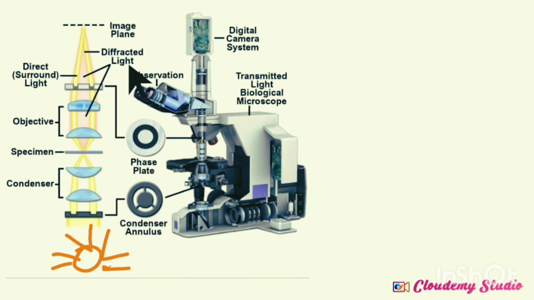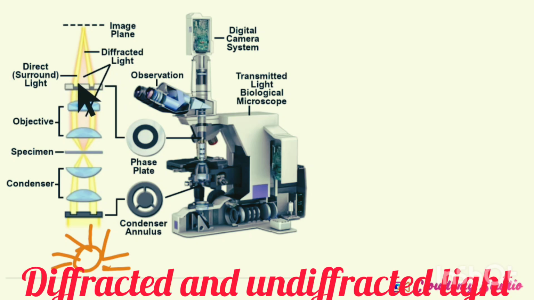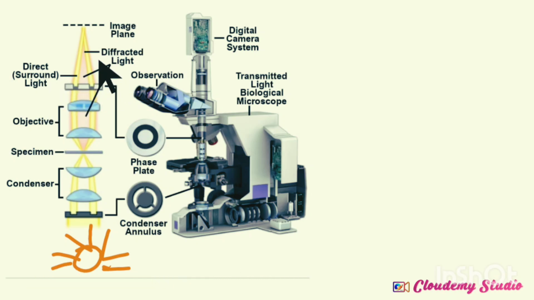Here remember that the diffracted and undiffracted light are brought together to produce the final image of the object which is observed through the eyepiece lens. So this is all about the working and ray diagram of the phase contrast microscopy.